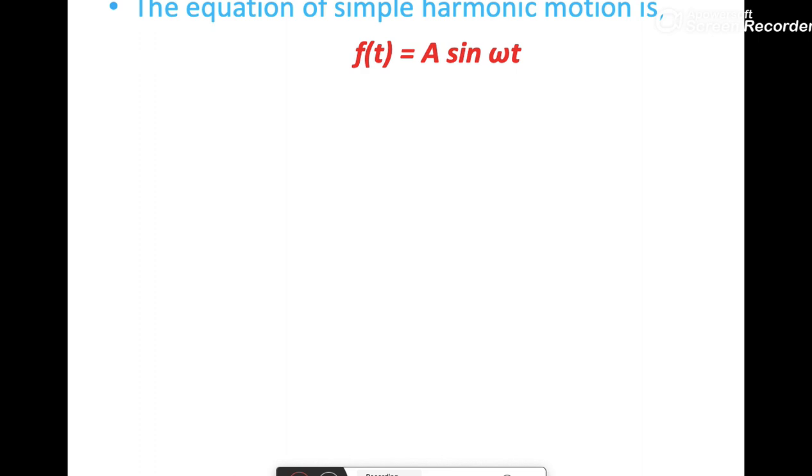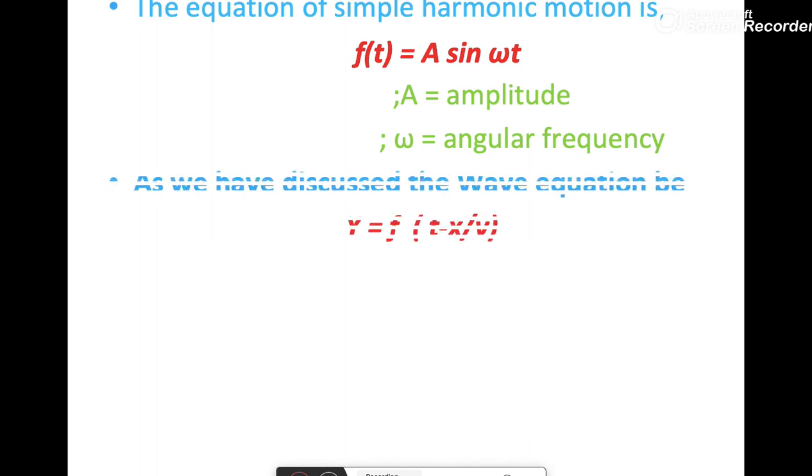Here f of t is equal to a sine omega t, where a is the amplitude and omega is nothing but the angular frequency. Now, as we have discussed, the wave equation is y equal to f of t minus x upon v.